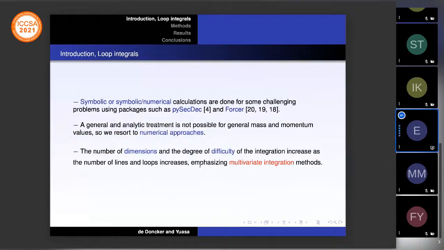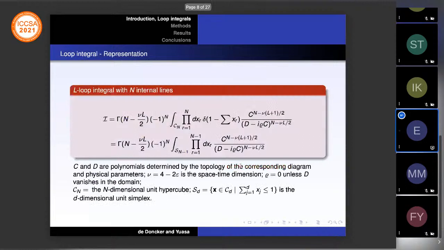There are symbolic packages to do these computations. We will use PySecDec for comparisons of our results. So we resort to numerical approaches for the multivariate integration.